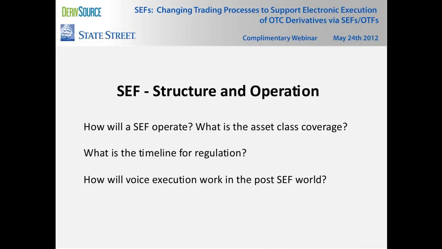And then the trading requirement, the way it works in the U.S. under Dodd-Frank, is if a contract is subject to mandatory clearing, and then a trading facility, which could be a SEF or could be a traditional exchange, offers the contract for trading, then it's required to be traded on a central platform.